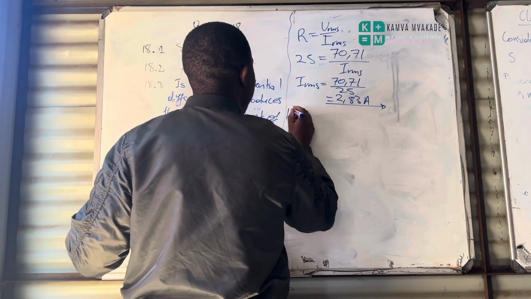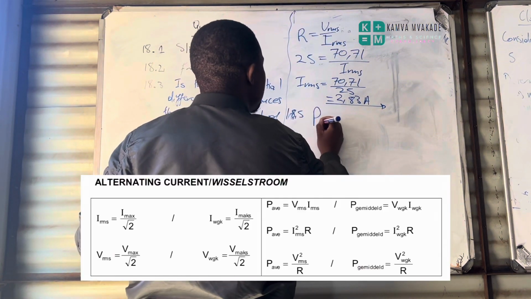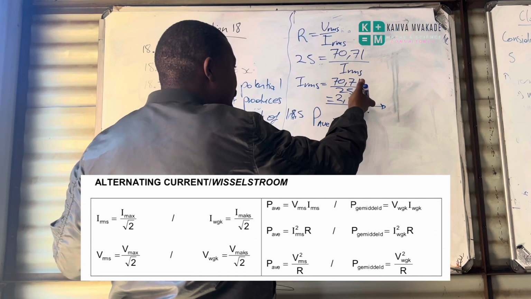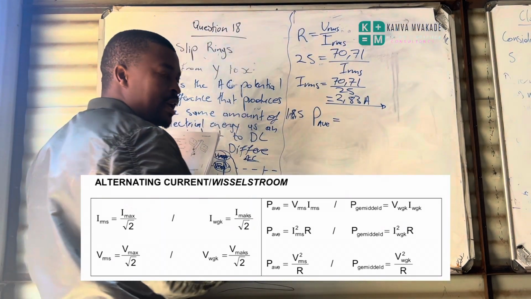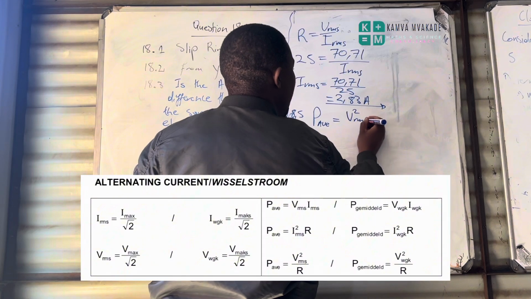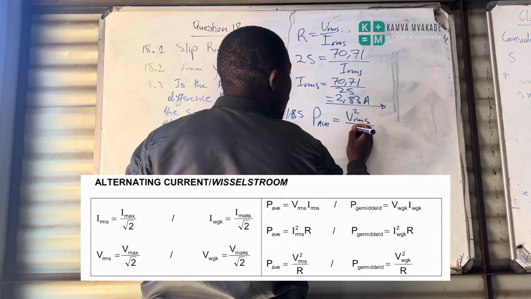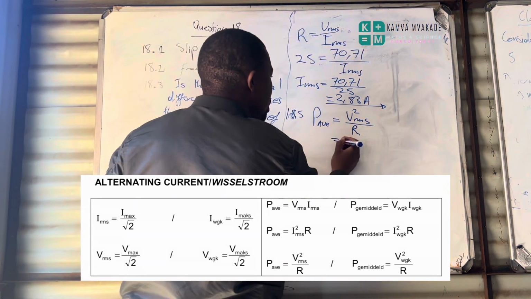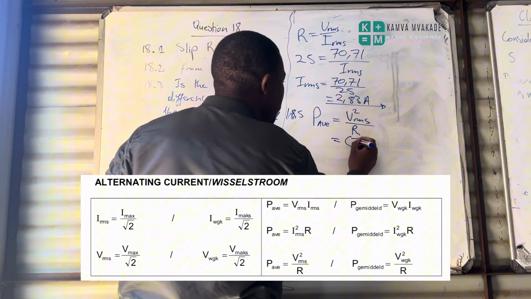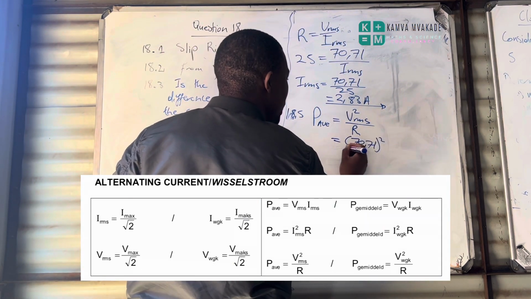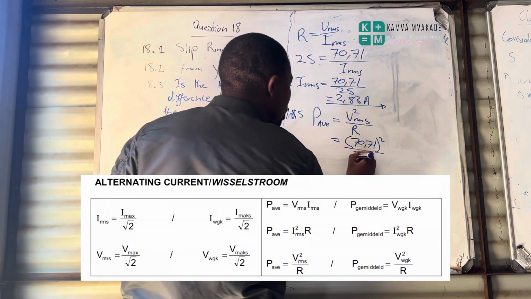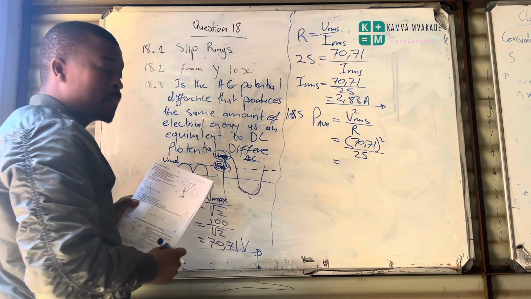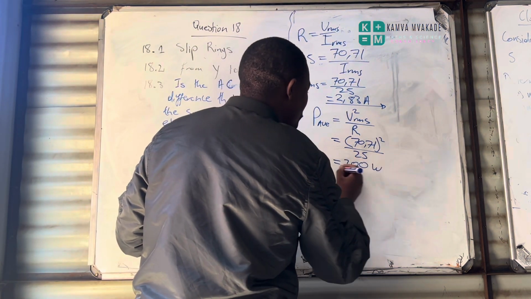The average power can use V RMS or I RMS. One formula for power is V squared RMS over R. So it's 70.71 squared over the resistance of 25. And then what will be the answer? 200 watts.